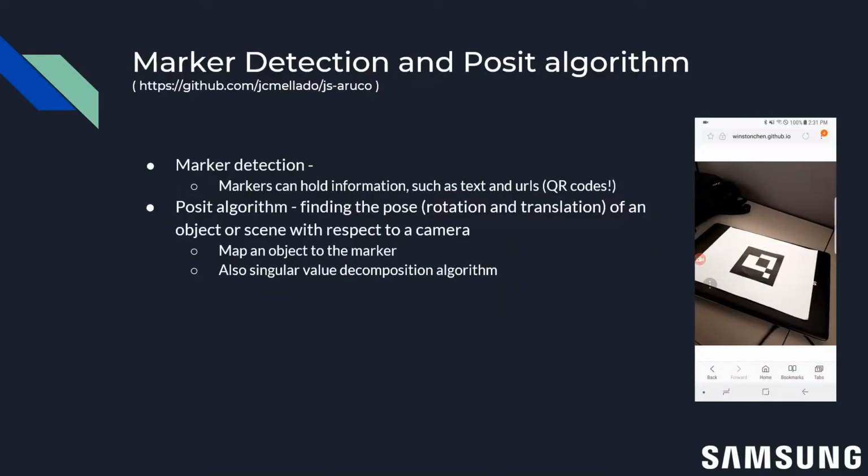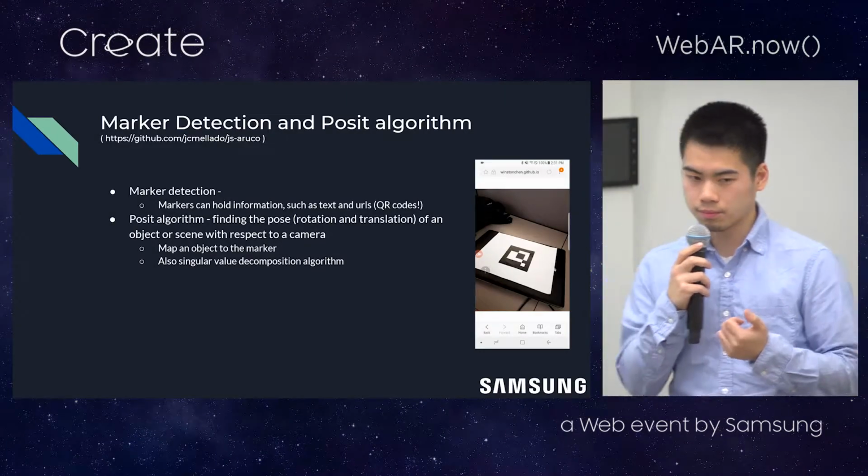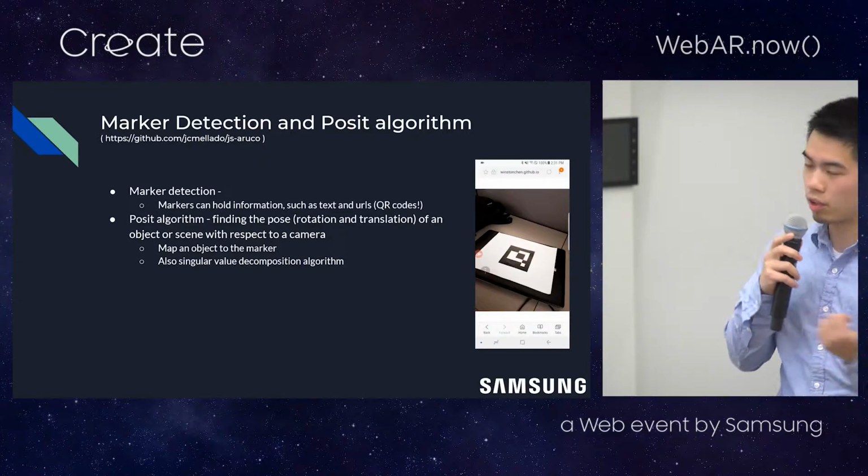So for the marker detection from the previous demo that I first showed you, I used some open source library that this author ported from OpenCV. And basically, the marker detection allows you to store information.